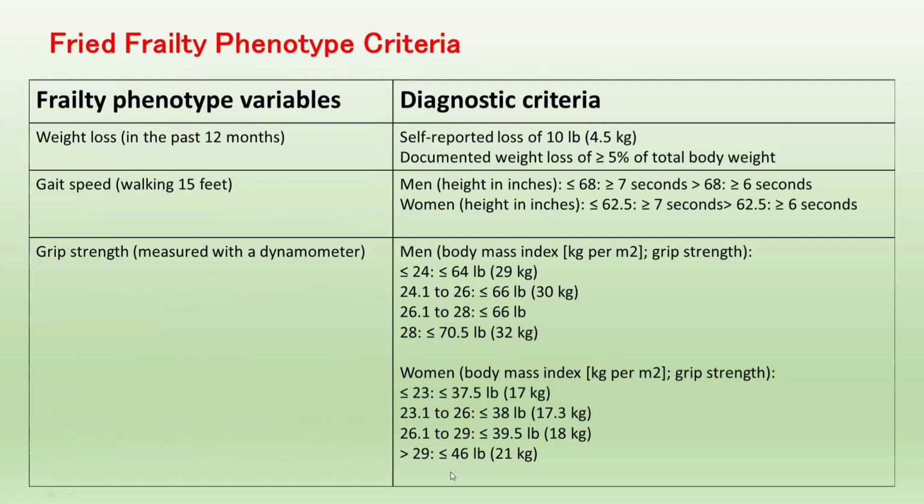Right. So I told you about weight loss. It has to be unintentional weight loss in the past 12 months. If it is equal to or more than 5% of total body weight, we can take it as 1. The other one is gait speed. It depends on the height and the sex.